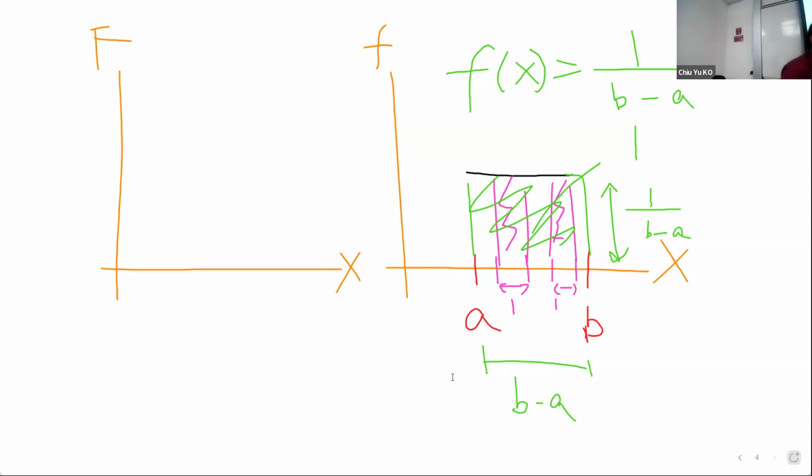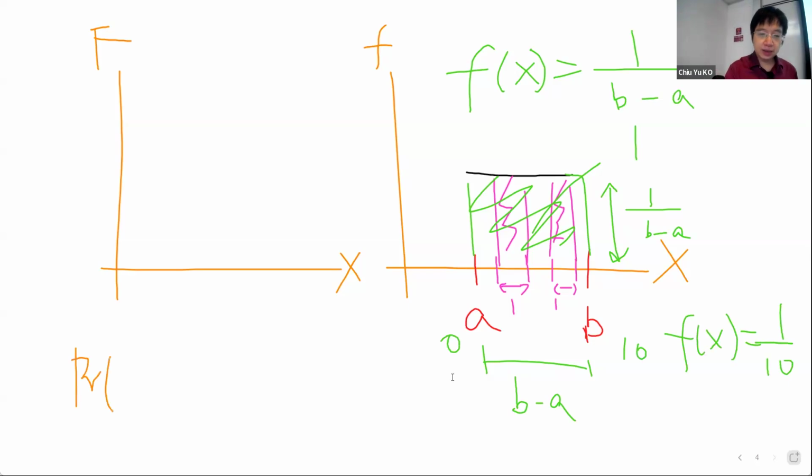I hope this example helps you understand what the small f is here. To make it easier, suppose A is 0 and B is 10. In this case, f of x is 1 over 10. Suppose you ask, what's the probability that X is between 3 and 4?